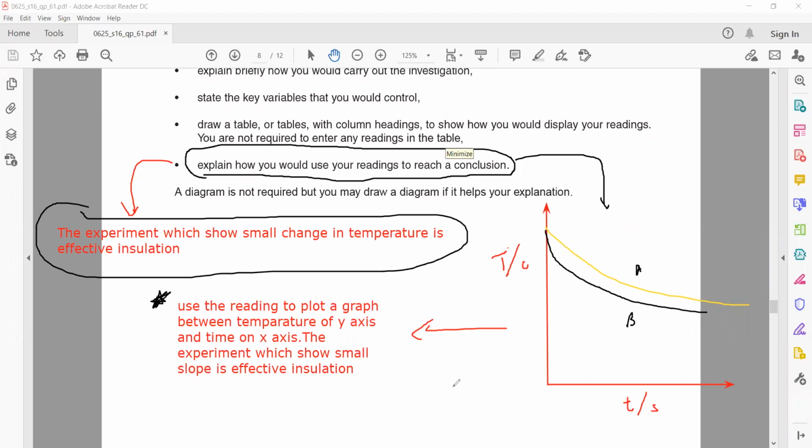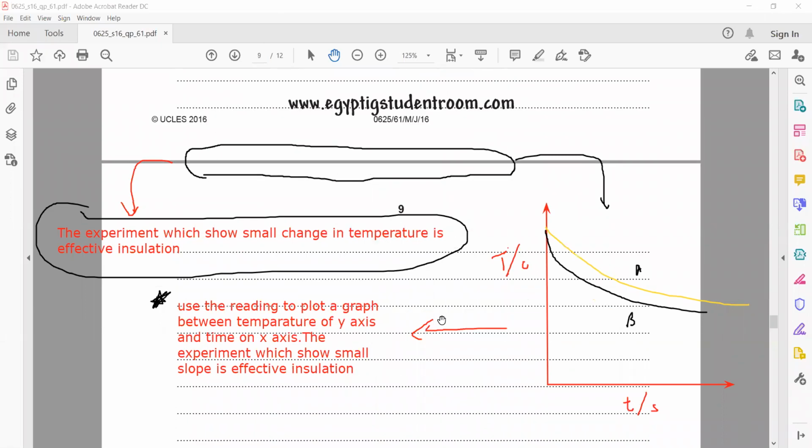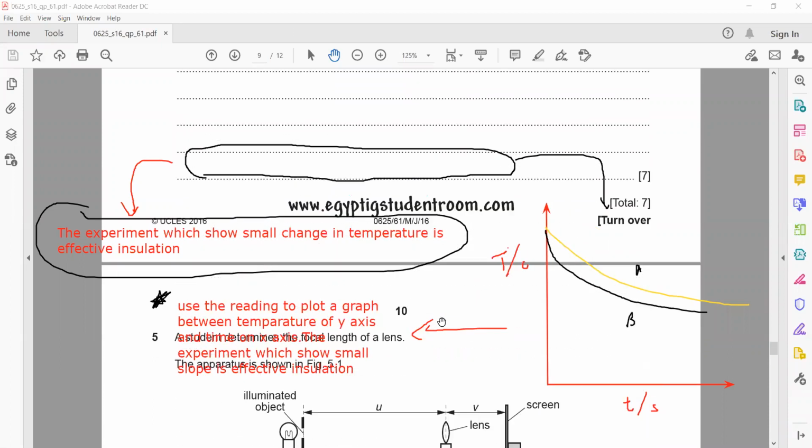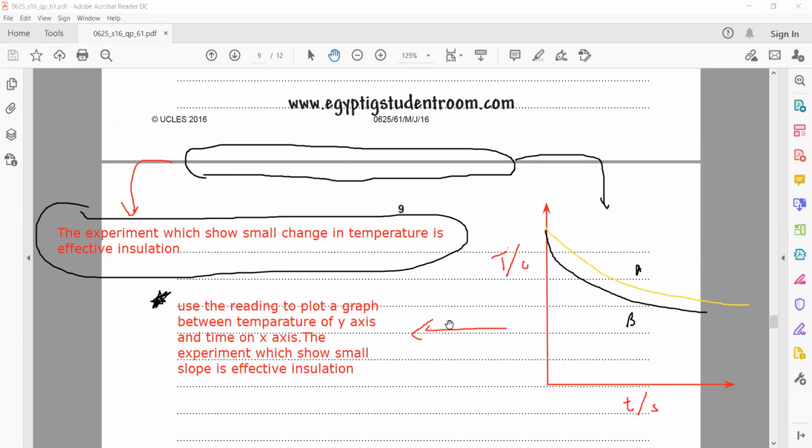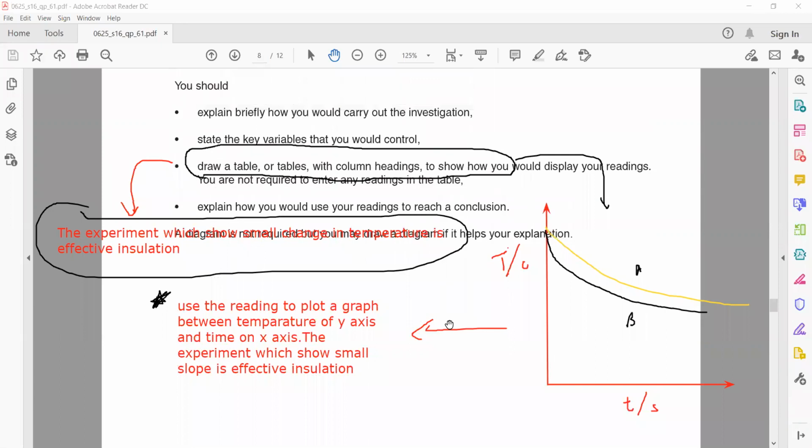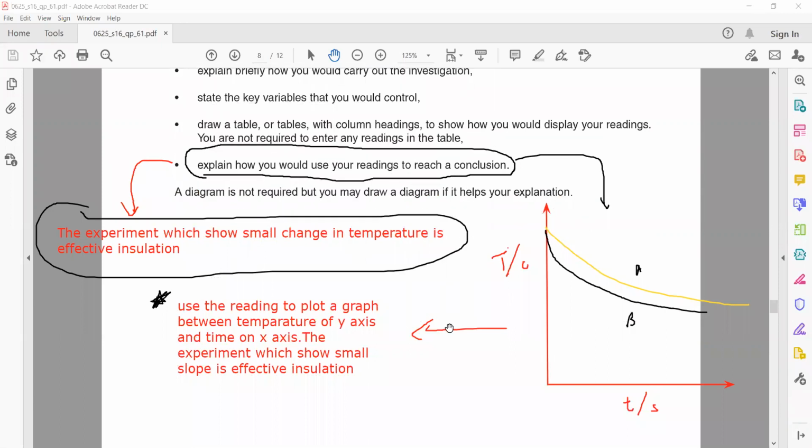Sir, in the last question on paper 6, there are no lines provided, right? It's just a blank page. No, there are lines here. Okay. This is not the last question, there's another question after this. But normally for paper six, the last question is experimental planning. But this time it was in the second last question.